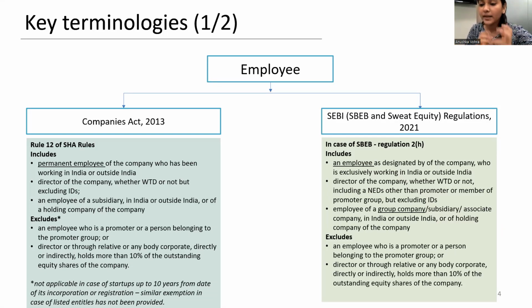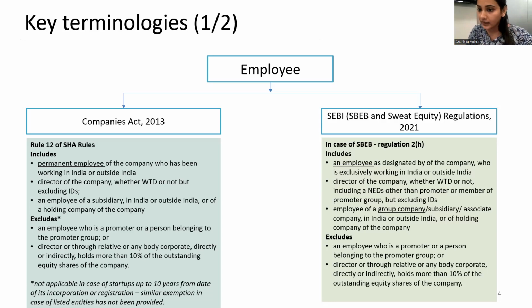Now, who can be an employer here? An employer can be any company which has shares, which is limited by shares. So it can be a private company, an unlisted public company, or a listed company. Now, who can be an employee? The definition of who is an employee would depend upon who is the employer.